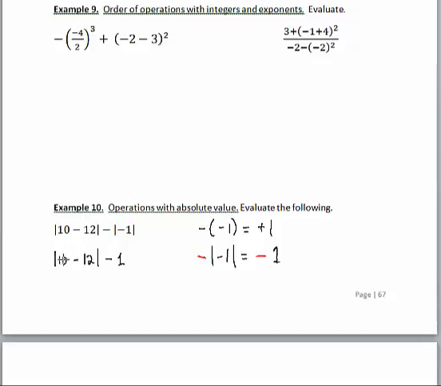We have an operation inside of the absolute value bars, and so we'll just simply carry that out. 10 minus 12 is the same thing as 10 plus a -12.